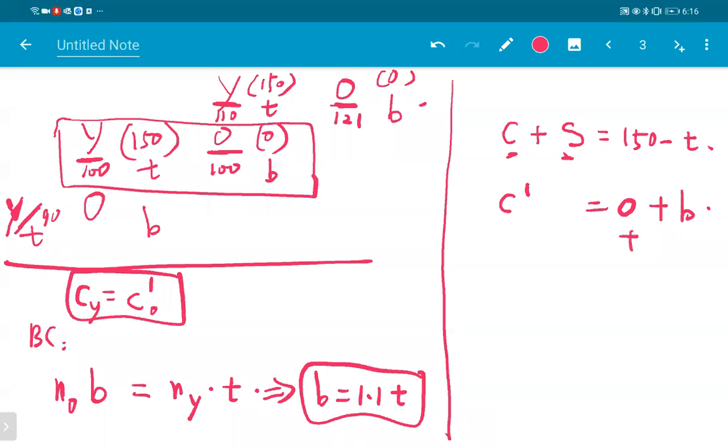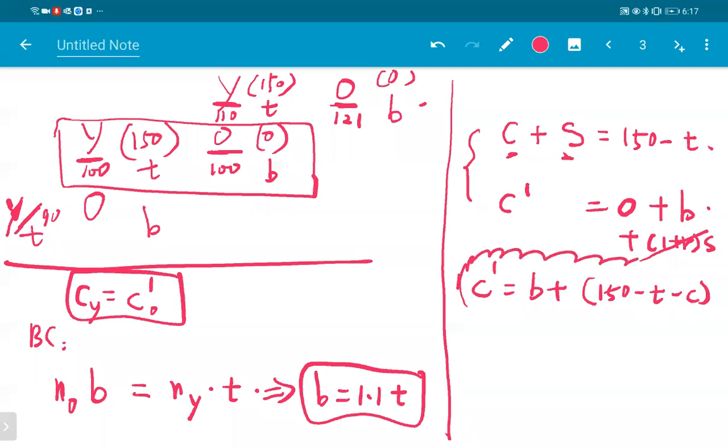I have saving, 1 plus R times S. But R is given as 0, so that just disappears, just S. Combining these two, C prime equals B plus S, and S equals 150 minus T minus C. So this is the household's budget constraint.